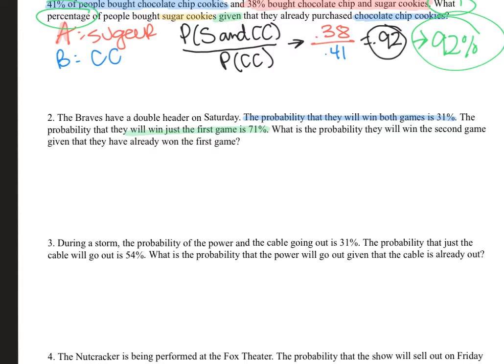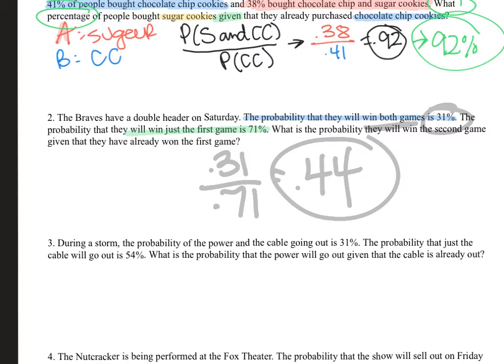My and probability is 0.31, because that comes from my 31% because they won both games. And then the probability they just won the first game is 0.71. So 0.31 divided by 0.71 is about 0.44. Now it says what is the probability, so I'm going to leave my answer like that.